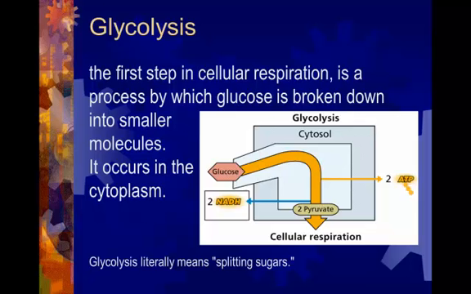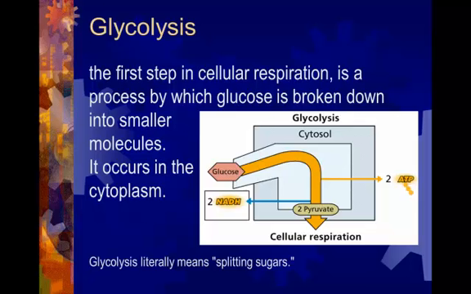Glucose is a 6-carbon sugar. By glycolysis, the glucose is split into 2 molecules of 3-carbon sugars. Glycolysis can occur with or without oxygen. In the presence of oxygen, glycolysis is the first step of aerobic cellular respiration.